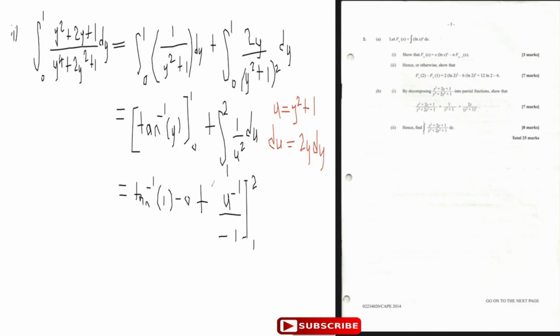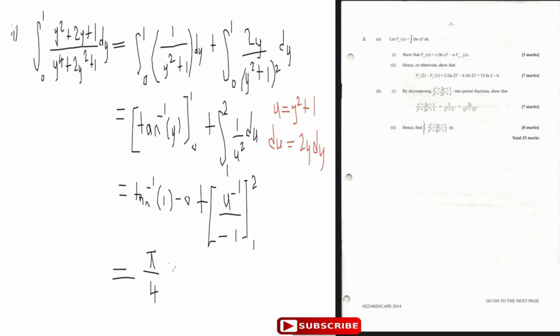So let's go ahead and do that. Tan inverse of 1 is, I don't know, so I put it in my calculator. Tan inverse of 1 looks like pi by 4.